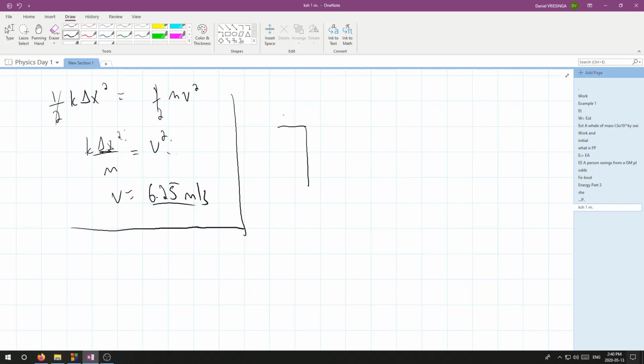They are on page 208: number 3, number 4, number 7, and number 8. So try those questions and brush up on your physics a little bit.